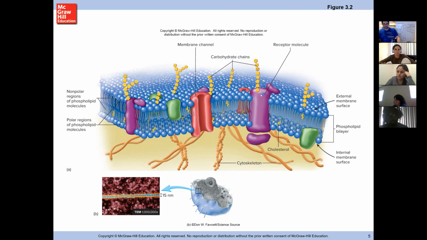Some of them provide a receptor-like molecule, kind of like an antenna, that can respond and receive other molecules that it may come in contact with. Some of those proteins exist only on one side. Some of them exist only on an internal surface. Some of them exist only on an external surface. These proteins can be embedded within various parts of the cell membrane.